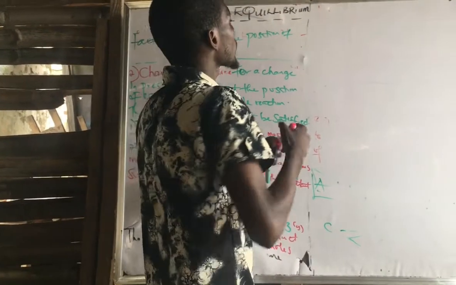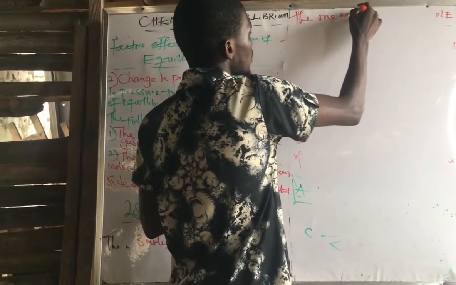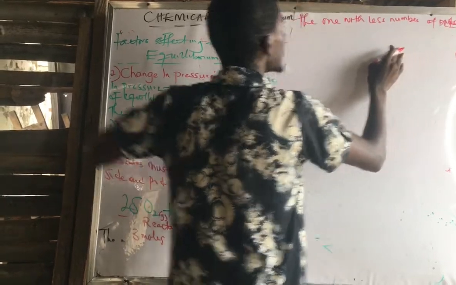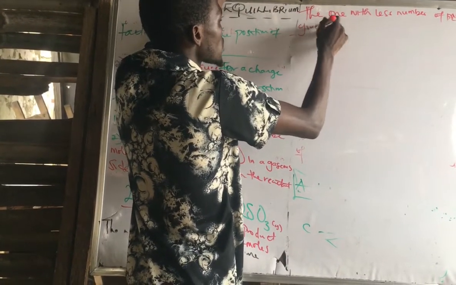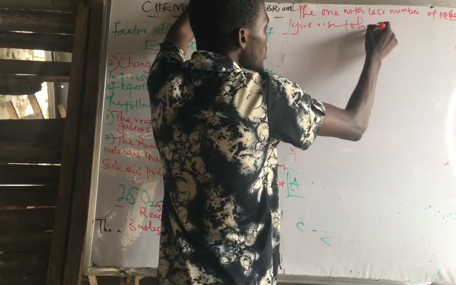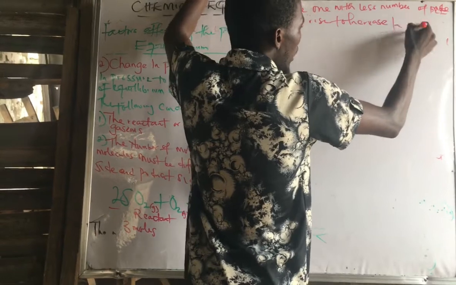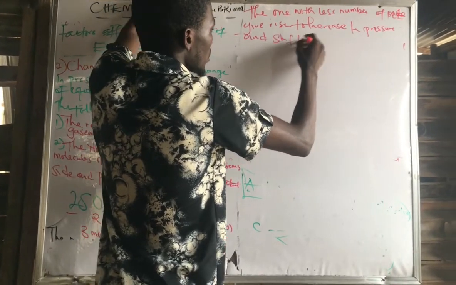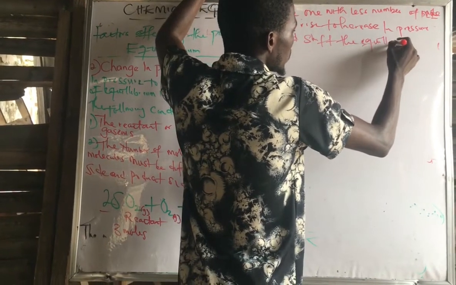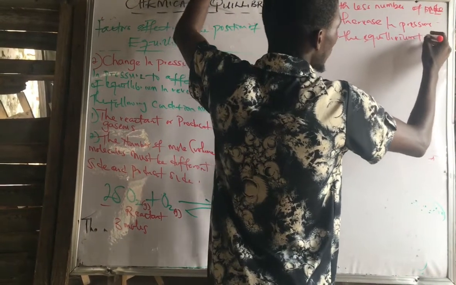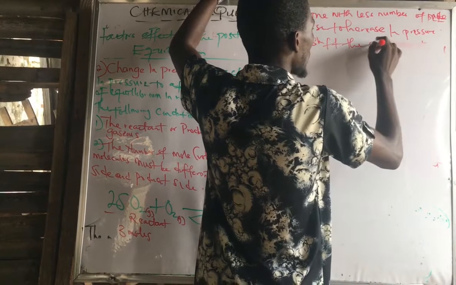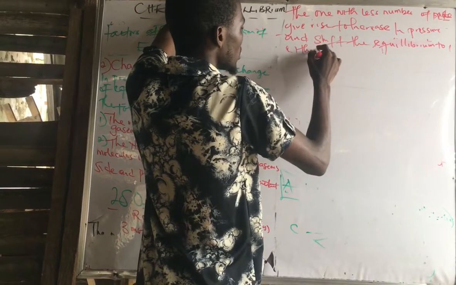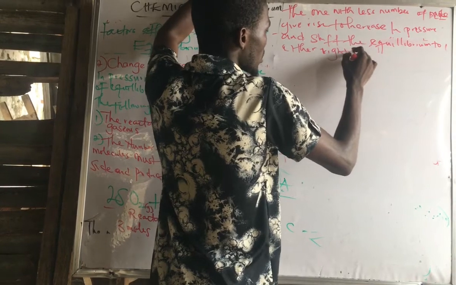The one with less number of moles gives rise to increase in pressure and we shift the equilibrium to either right or left.